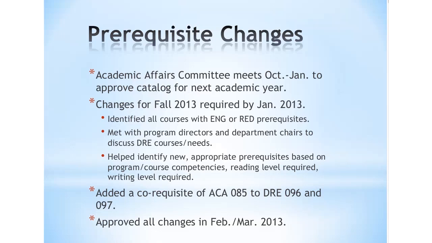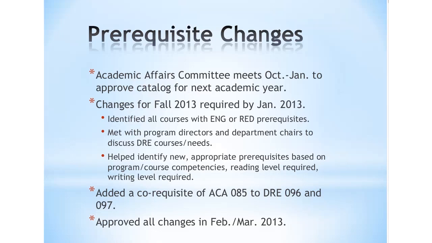So we identified all the courses with English or reading developmental prerequisites. We met with program directors and department chairs, and I went to lots of meetings. We talked with faculty senate, instructional council, basically any place where we were getting a bunch of people from different departments together.